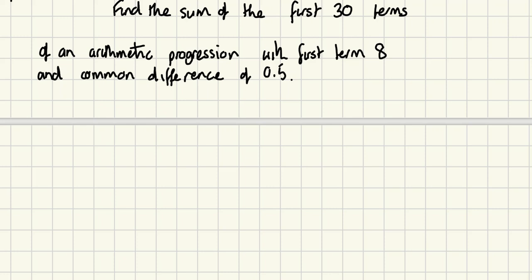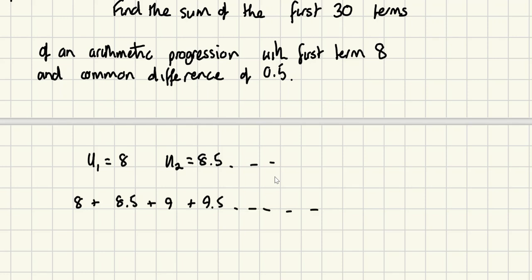All right. How do we go about that then? So that first question I gave you, by the way, is a question like this. Right. So the first term, U1, is 8. U2 is 8.5. And so on. So we're going to do 8 plus 8.5 plus 9 plus 9.5 and so on.